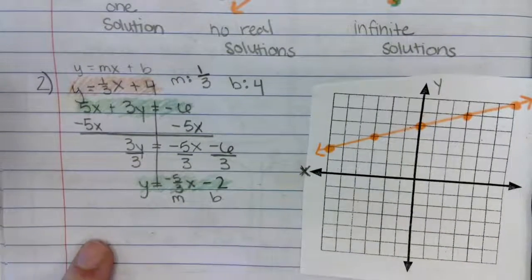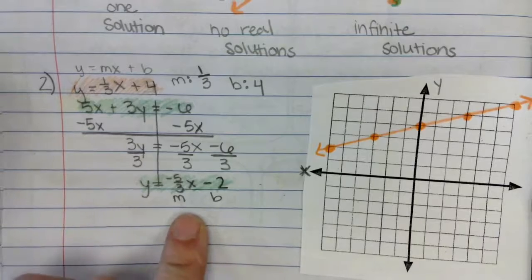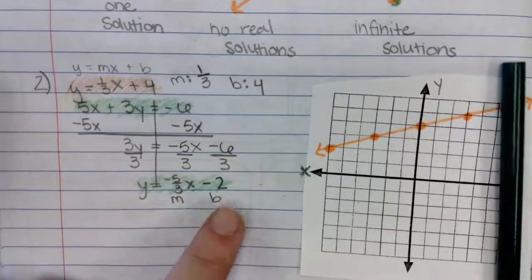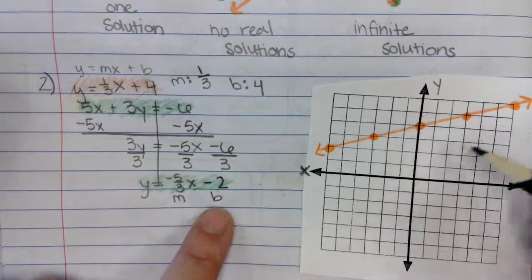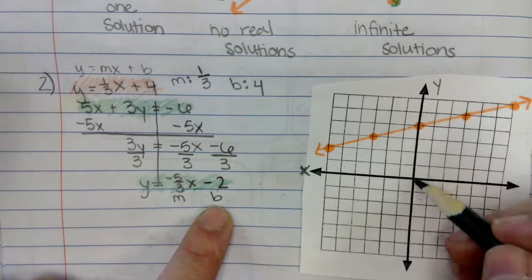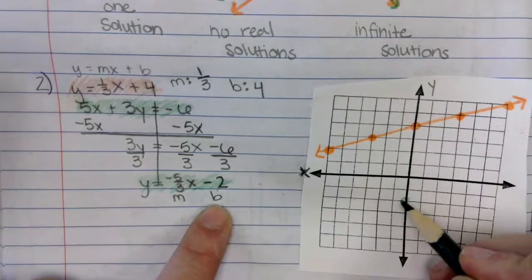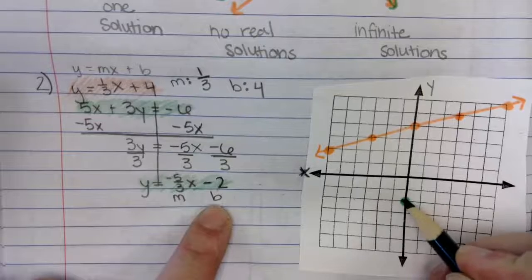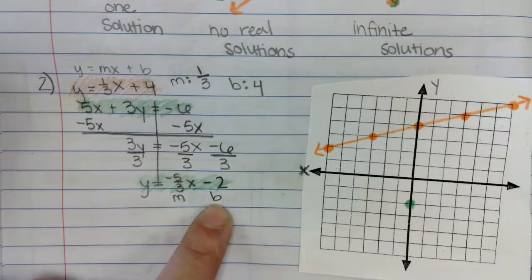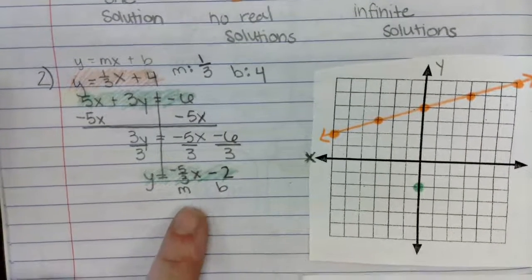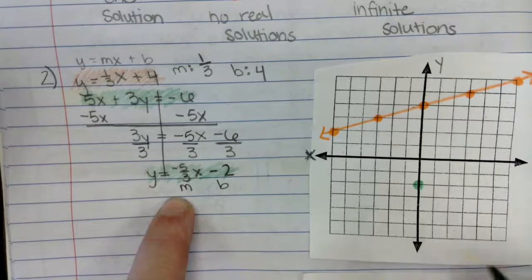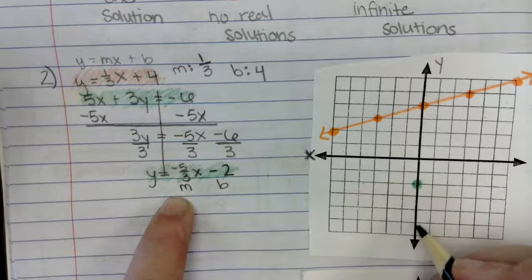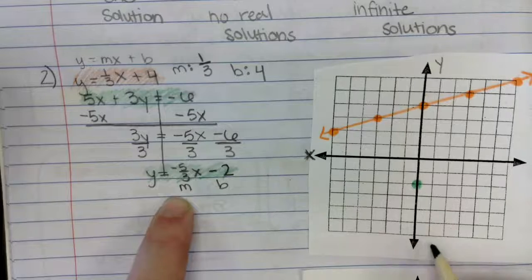I'm going to start at my b on my y-axis. So I'm going to start at negative 2. I'm going to do my rise and my run. So I want to go down 5 over 3. Now, here's the thing about being off the graph: this arrow is pretty much one line off.